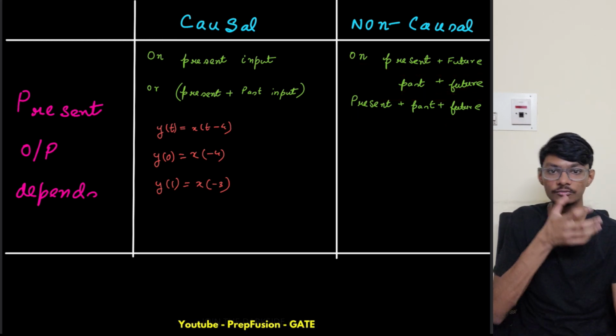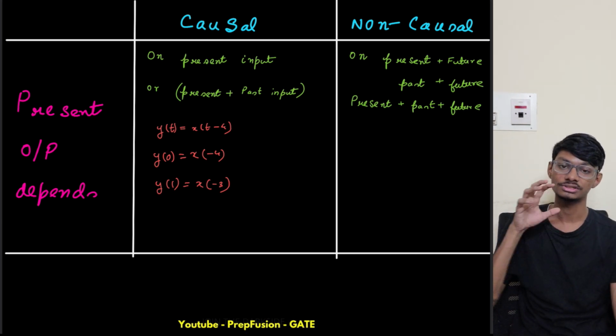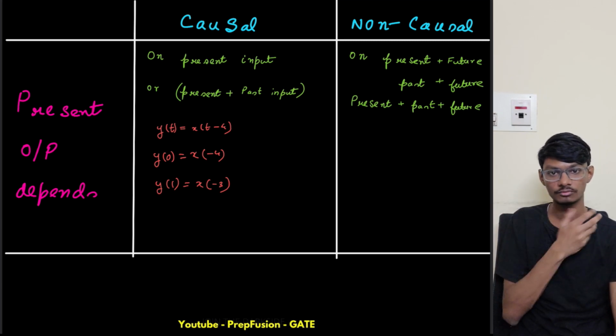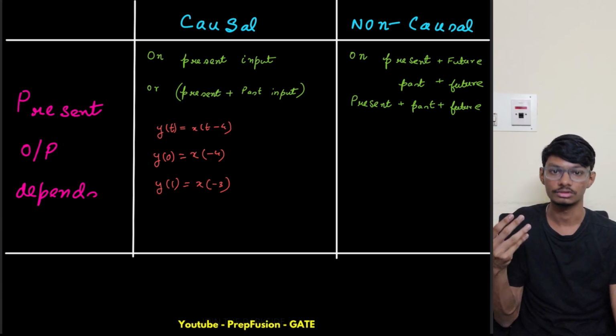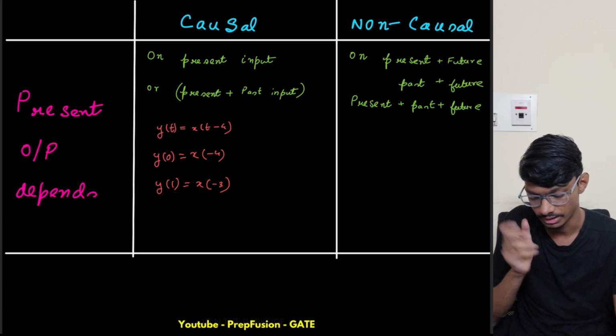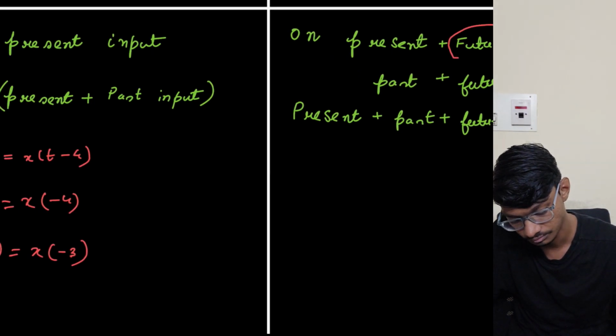So a future term will come. If there is some dependency on the future, then the system will be non-causal. But in reality we can't realize a non-causal system, because how can we predict the future? But in signals, the future is important here.